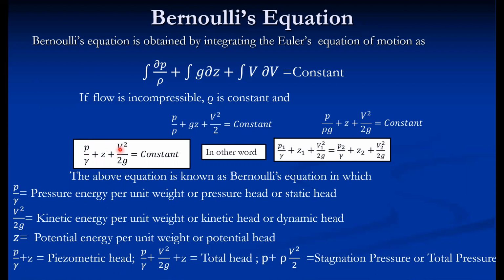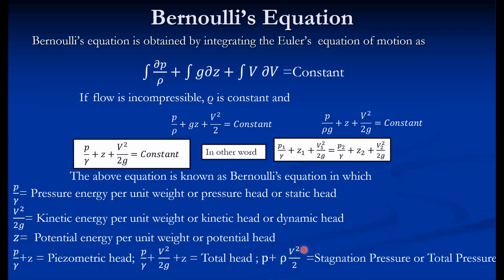And P plus rho V square by 2, because if we consider these two terms, P by gamma and V square by 2g, and multiply both sides by rho, we get P plus gamma V square by 2g. So g gets cancelled, because instead of gamma we can write rho g.